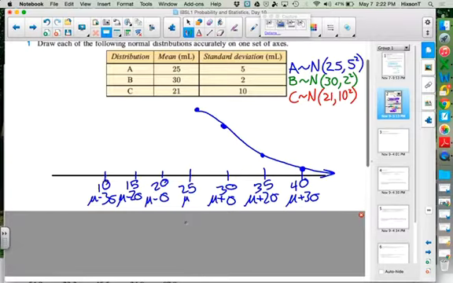Now, this is symmetrical, so at 30 I was this high, so you should draw it symmetrically, and at 20 you should be at about the same height. Then at 2 standard deviations away, we're that high, so here I should be this high. And then at 3, we should be about that far. My x-axis got a little squished. Let me try doing this.